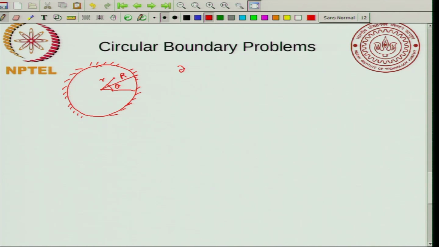Dou square by dou t square of u, where u is the amplitude of the wave. In general, it is a function of r, theta, and time, so a function of the point in space and time. This is equal to c square times the gradient square of u.